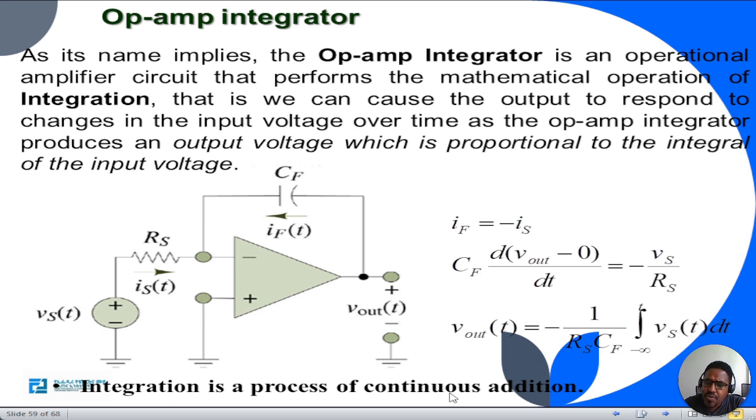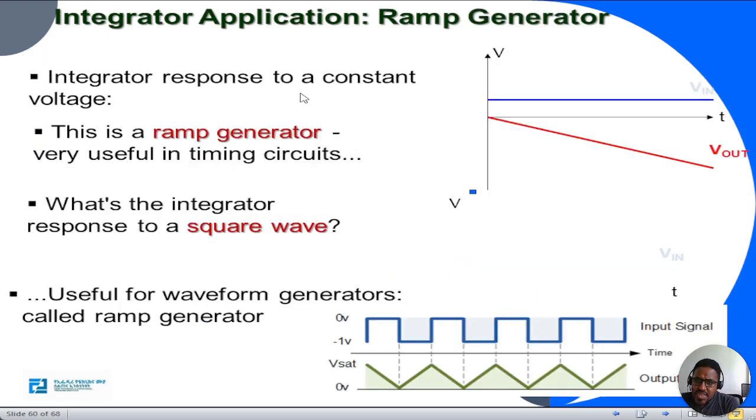Integration is a process of continuous addition. The application of the integrator is the ramp generator: the integrator responds to a constant voltage. This ramp generator is very useful in timing circuits. What does the integrator respond to?